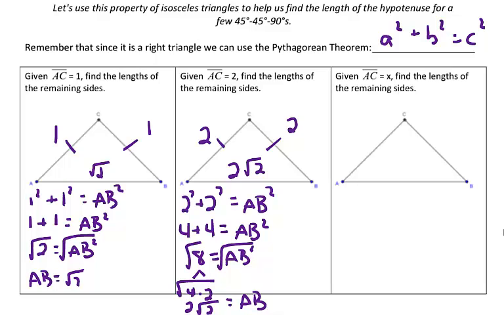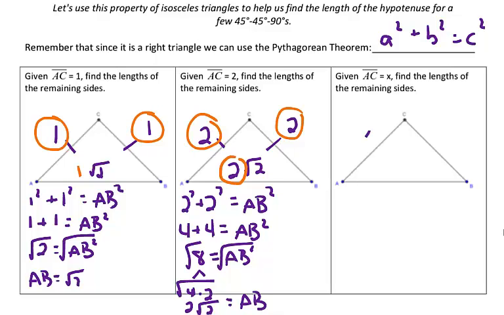In the first example, we had side lengths of 1, and the hypotenuse was 1 radical 2. In the second example, we had side lengths of 2, and the hypotenuse was 2 radical 2. To generalize this, we can come up with a general pattern in this last example.